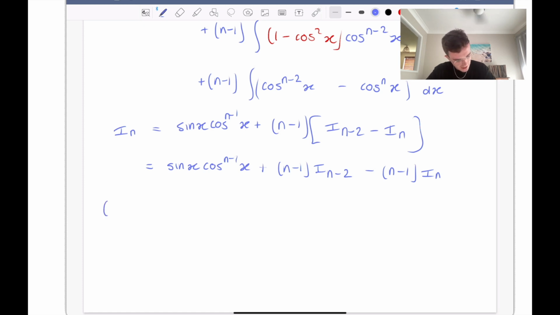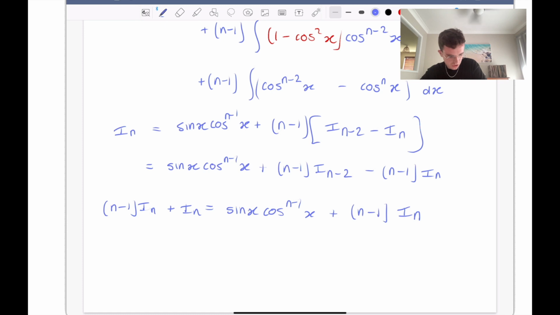So we're going to have n minus 1 I of n plus I of n equals sine of x cos n minus 1 of x plus n minus 1 I n minus 2. Now if we expand this through here, we're going to have n I of n minus I of n plus I of n.